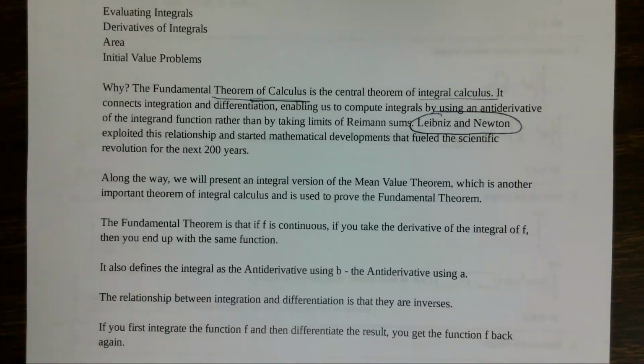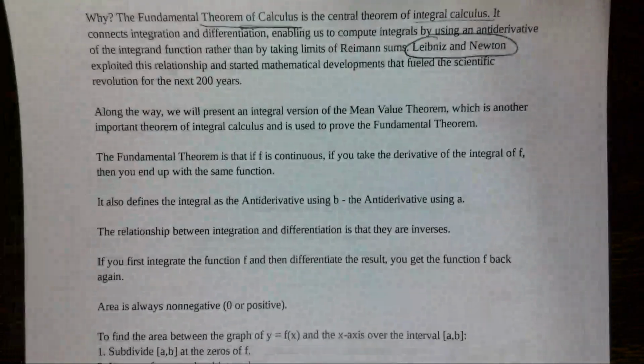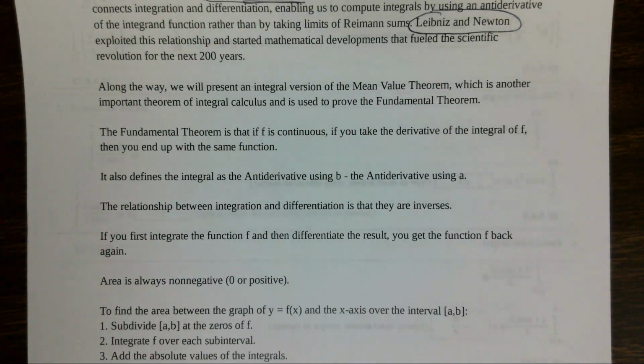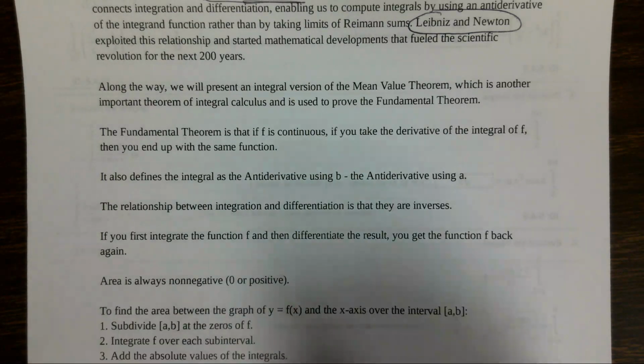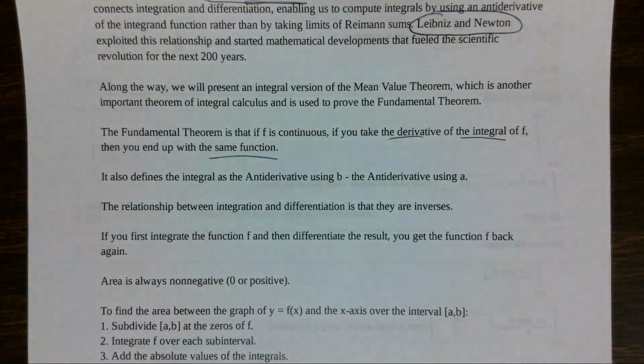Along the way, we present an integral version of the mean value theorem, which is another important theorem and is used to prove it. The fundamental theorem is that if f is continuous and you take the derivative of the integral, you end up with the same function.